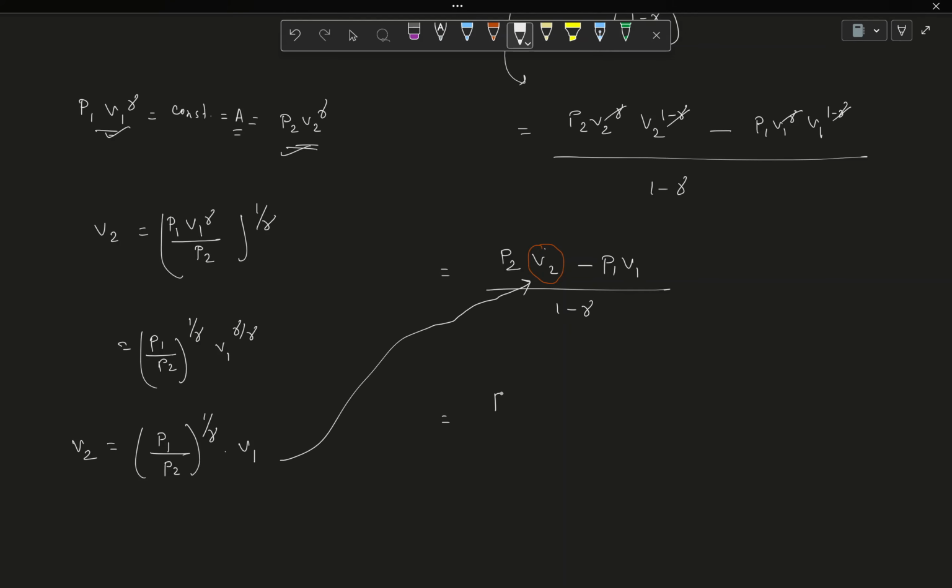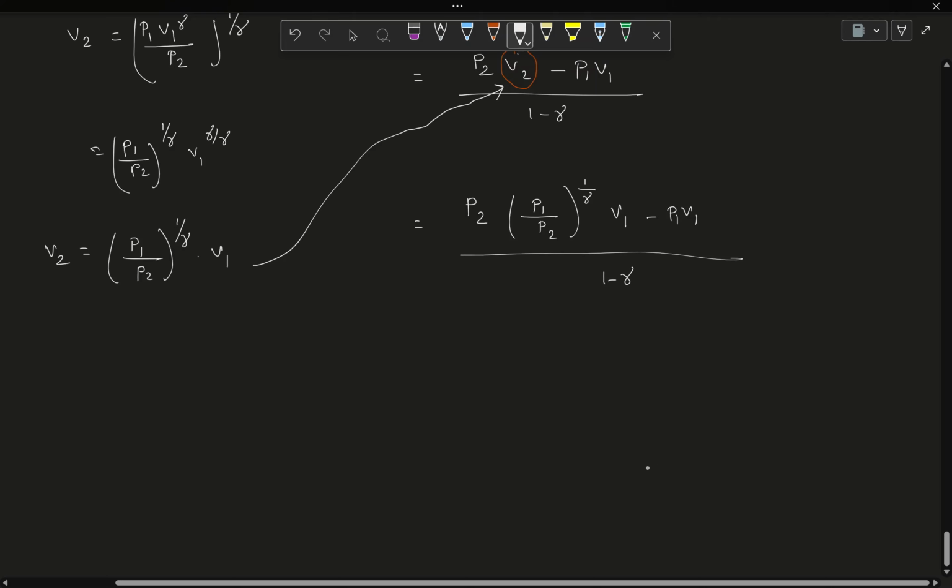So this is P2, P1 by P2 to the power 1 by gamma into V1 minus P1 V1 by 1 minus gamma, right?